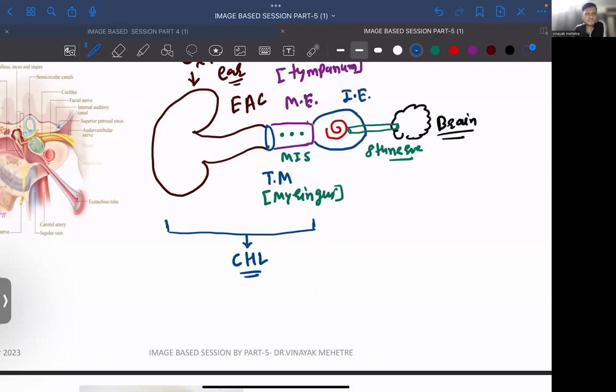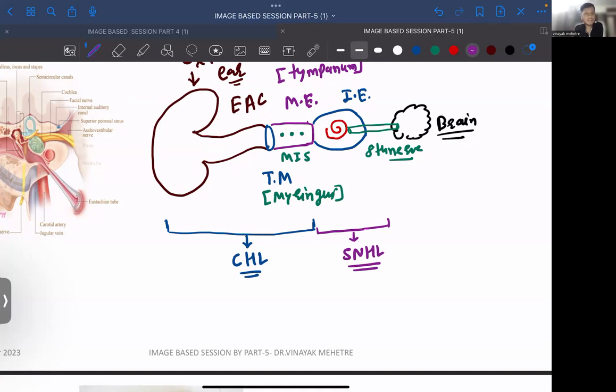Conduction will be gone. Any disease which is involving the inner ear and nerve will cause sensorineural hearing loss. Okay, this much you have to remember.